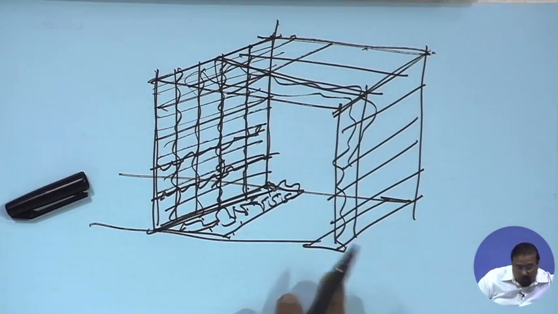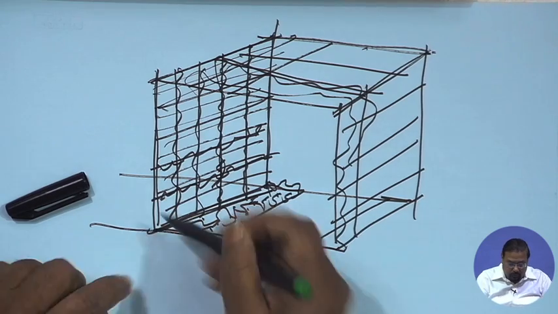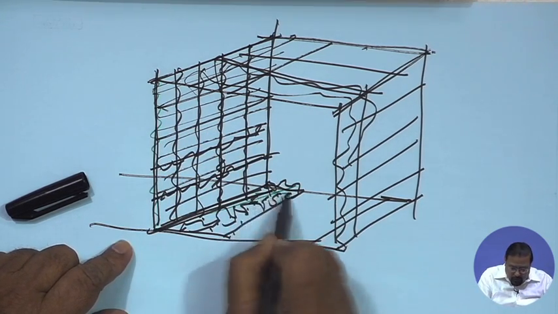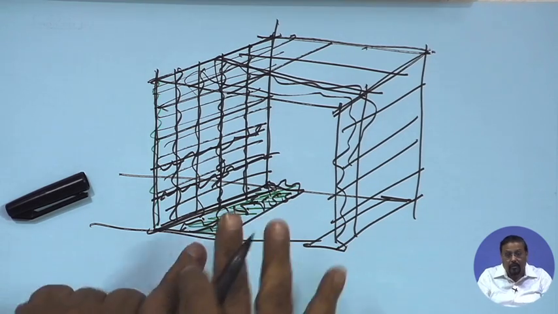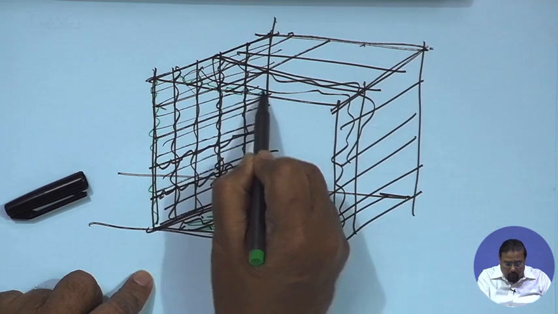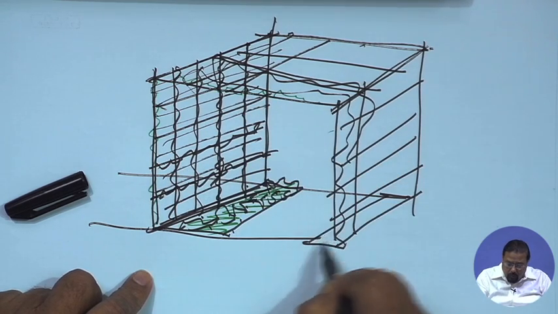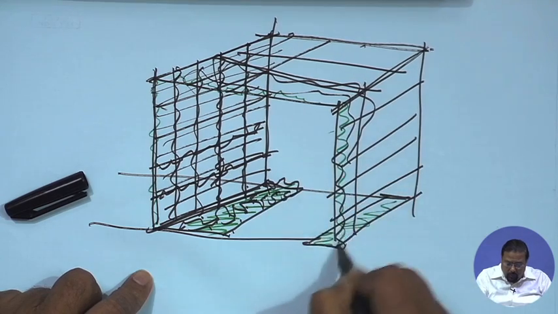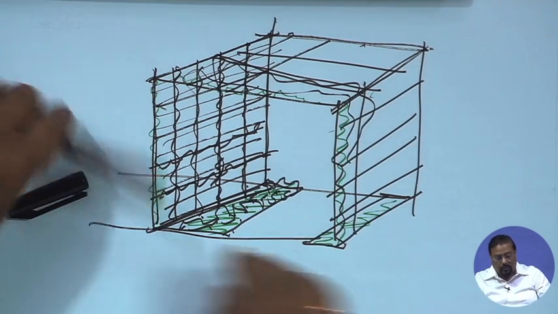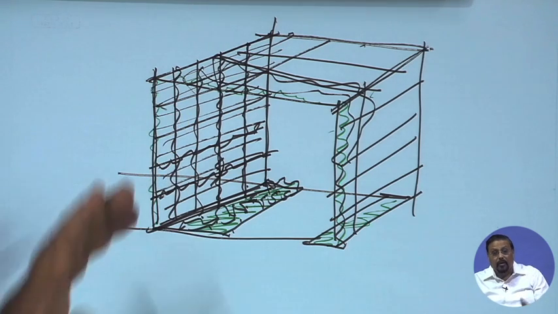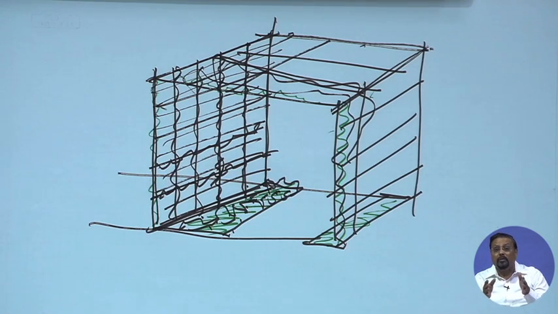Let me use the green color just to give an idea. These are the green areas, and the creepers will flow over the entire surfaces. From here again it has the green bases, and from here again the creepers will go up. So ultimately the entire area is creeper covered. This is what a trellis is.